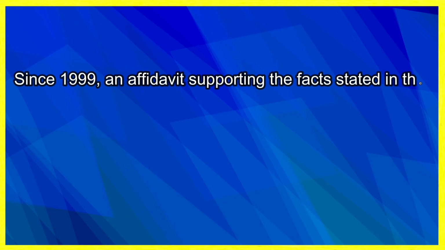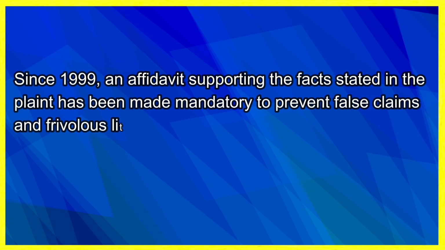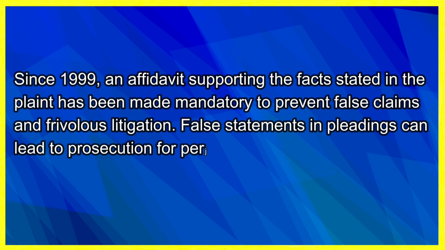Since 1999, it is now mandatory to support a plaint with an affidavit in which the plaintiff states that all the facts that have been given are true and correct and that a false or frivolous litigation has not been filed. In the event that one files a false statement in pleadings, this can lead to prosecution for perjury.